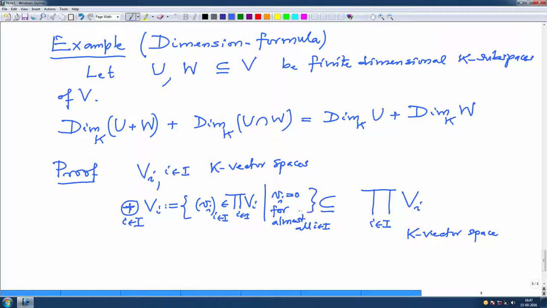This subset is clearly a subspace of this product space, because if you take two such tuples with the property that Vi's are almost all 0, then the sum will also have that property, and scalar multiplication also will have that property. So, this is a k subspace of this product space, and this is called a direct sum of the family Vi.